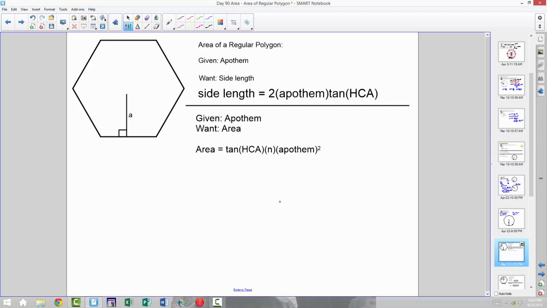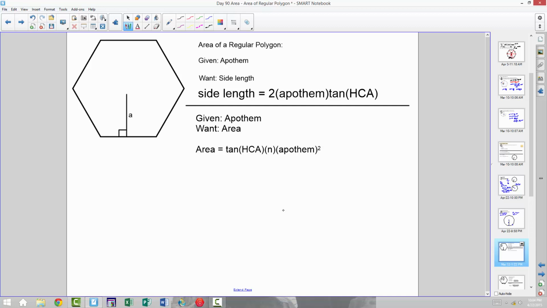We're not done, because you can find the area if you're only given the apothem. You can also find the side length. So if you're given the apothem and you want the side length, it is equal to 2 times the apothem times the tangent of half your central angle.